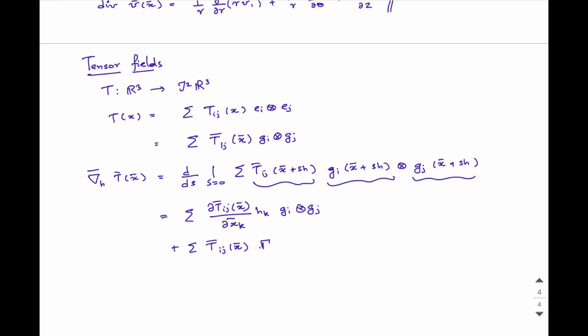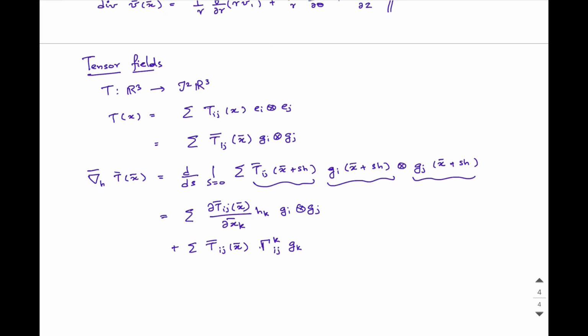Okay, so it's going to be gamma^k_ij, and then g_k and h_j, tensor product g_j. Okay, let me also mention that this is at h.